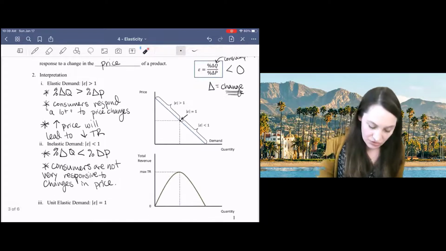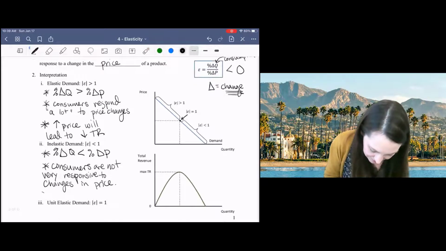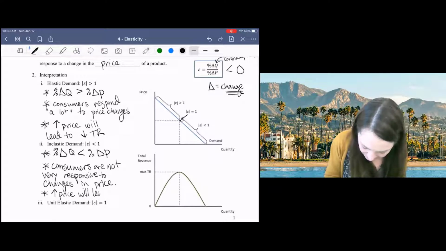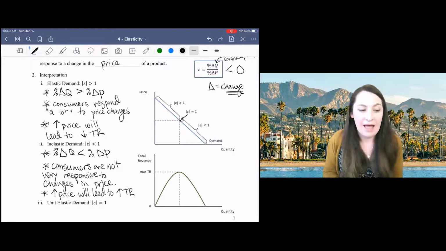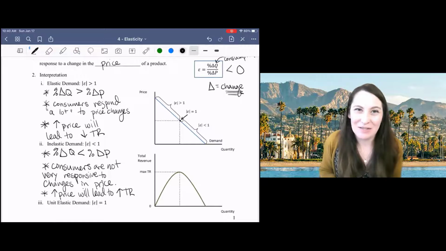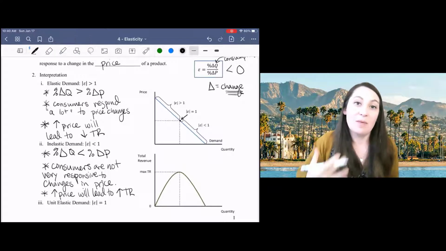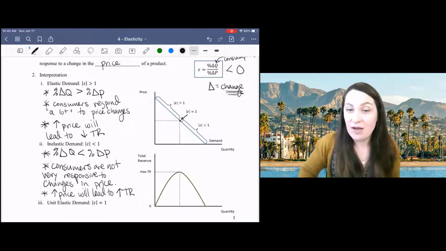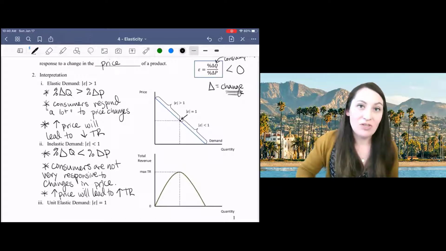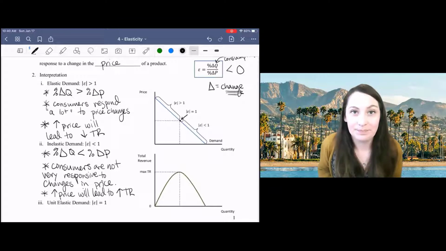So if demand is inelastic, increases in price will lead to increases in total revenue, and that means that you would be happy about the increase in the price of your book. So you can see that the answer to the first question that we posed is really, it depends. And it depends on the price elasticity of demand.